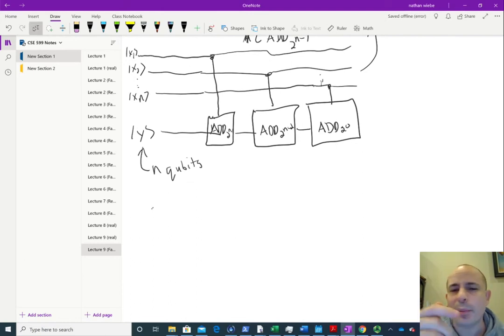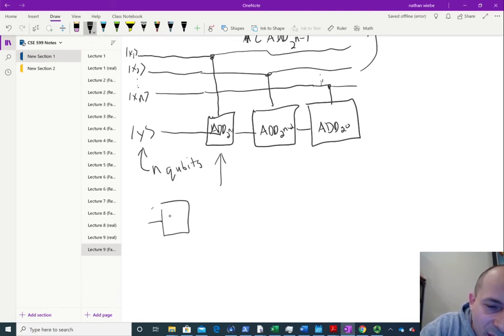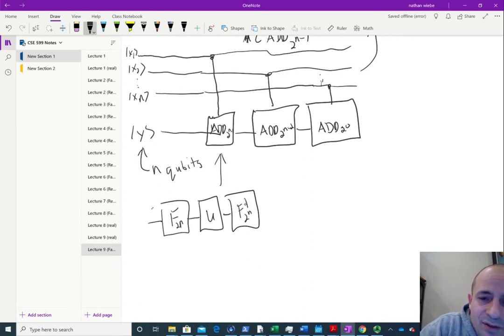So in order to upper bound this cost, we can say that each of these adds over here is a circuit of the form F 2 to the n, U, F 2 to the n dagger. Okay?